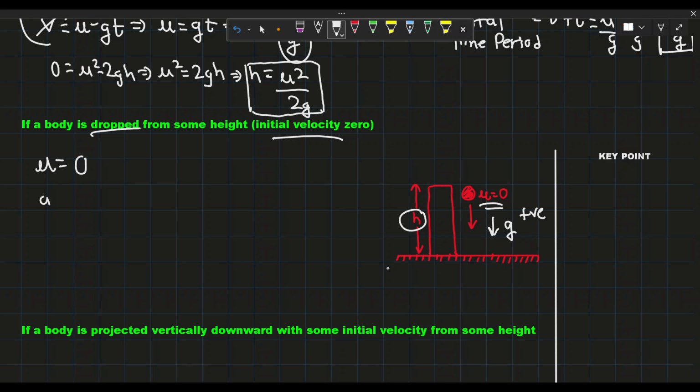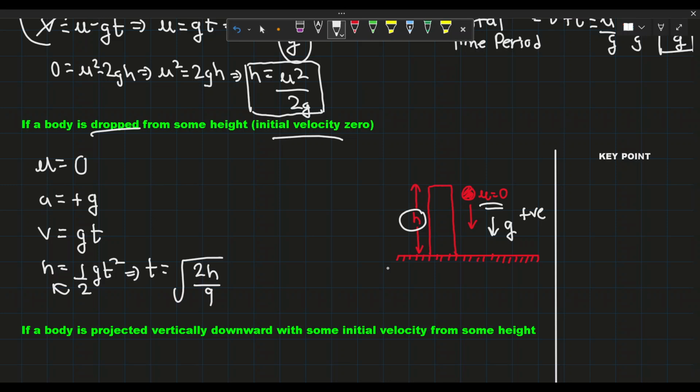So acceleration is plus g, so v would be equal to gt as your u is 0, and your distance h would be half gt square, so the time required would be the square root of 2h by g. This is also important to keep in mind: when the body is dropped, the time required to reach the ground is the square root of 2 times height divided by acceleration due to gravity.